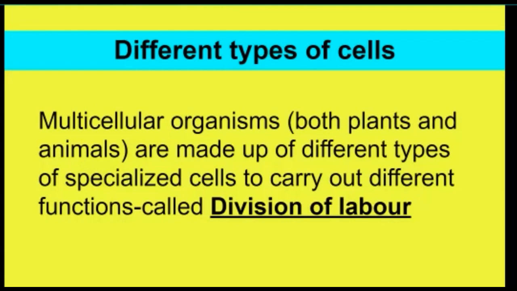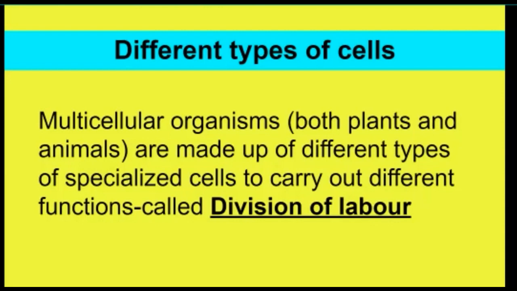Lungs are made up of different types of cells. Neurons, blood, too. So in multicellular organisms, all of the cells present inside the body are still called cells, but their shapes and functions are meant for different kinds of tasks. We call this process a division of labor.